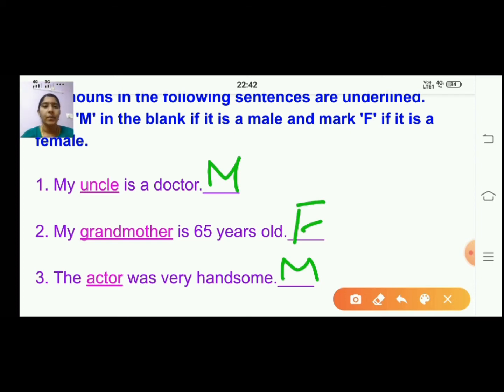We have marked it as M for male. Second one, grandmother, feminine gender, female. So we have marked F. Third one, actor, masculine gender. So we have marked M for male, right? Understood, children? Shall we move on to the next?